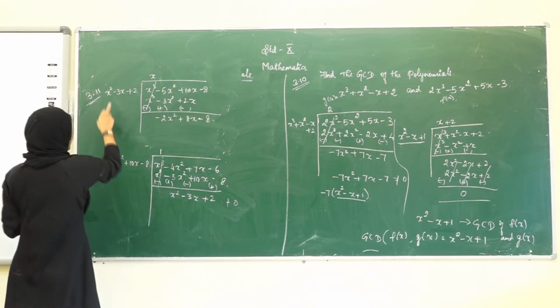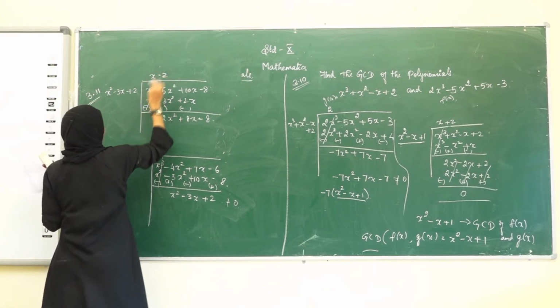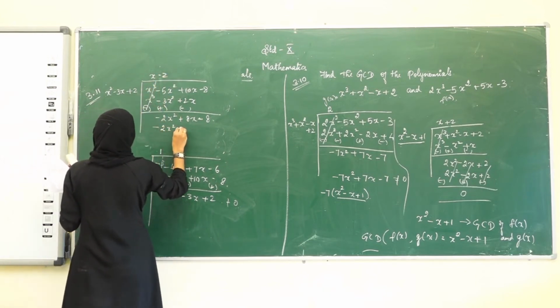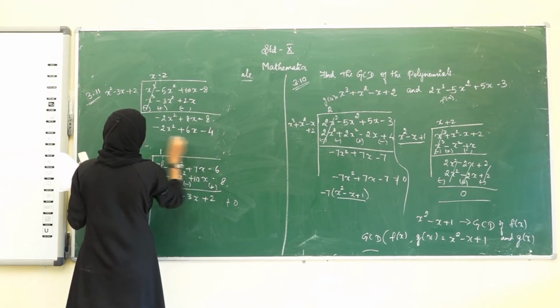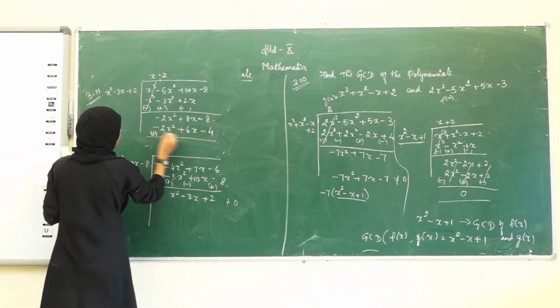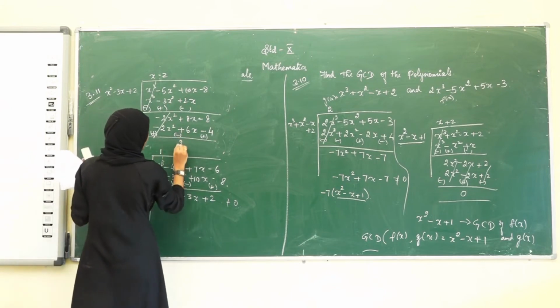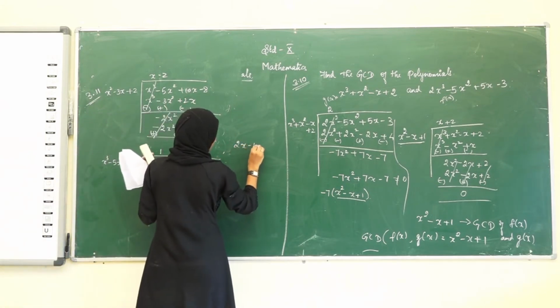Again we multiply by minus 2 to get this term. So minus 2 gives minus 2x square plus 6x minus 4. We change the signs and we get 2x minus 4.